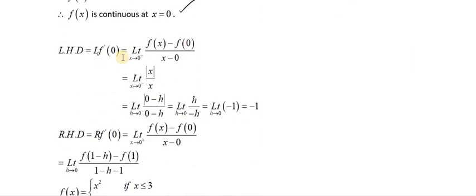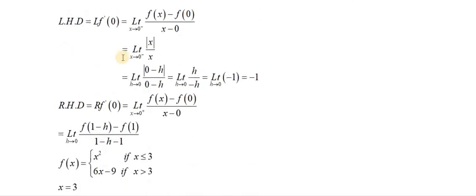Now we want to show that f of x is not differentiable at x equal to 0. For this, we want to find out LHD and RHD. From the definition of LHD, we can write limit x tends to 0 minus, f of x minus f of 0 by x minus 0. f of 0 we already know is 0. f of x is mod x.